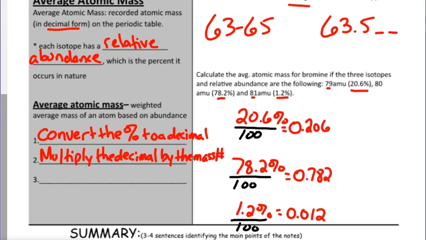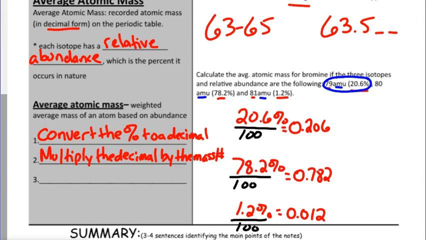We have to pay careful attention because this percentage, 20.6, was connected to the mass number 79. And I want to talk very briefly about what this AMU stands for. That's just a generic unit, like grams is a unit, meters is a unit. When we're talking about atomic mass, we use AMU, which stands for atomic mass units.